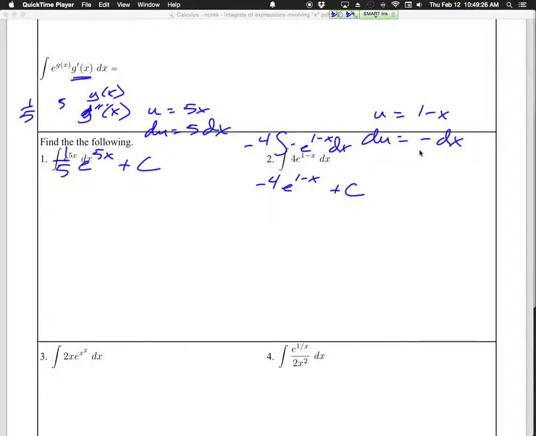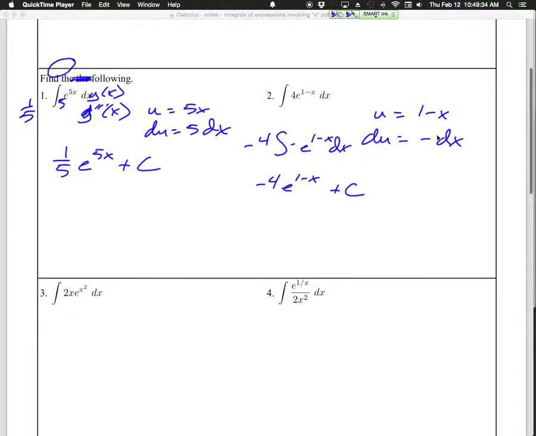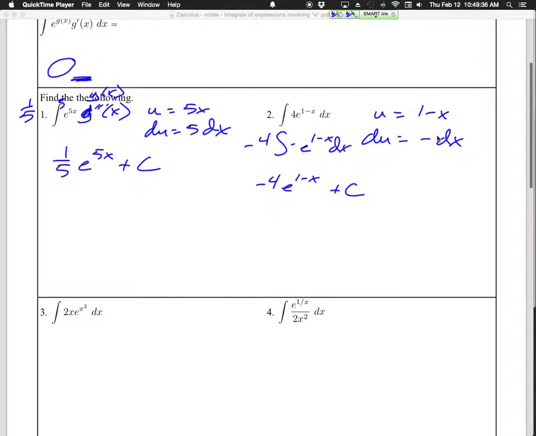G prime of x is in my problem. Once I show that it's in my problem, then this is the only thing that comes out. So once you put the negative, you don't use it. Correct. Once I take the derivative and I put it in here, the only thing that's going to come out is that. So it's just the original that you use the whole time, the original plus whatever's on the outside. That's the only thing that comes out.